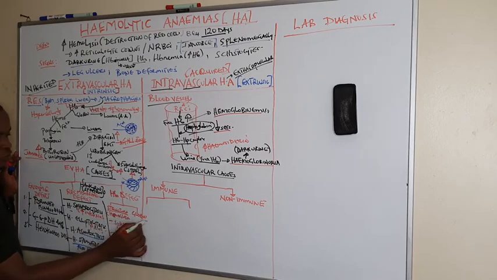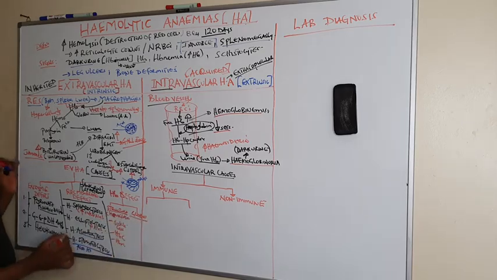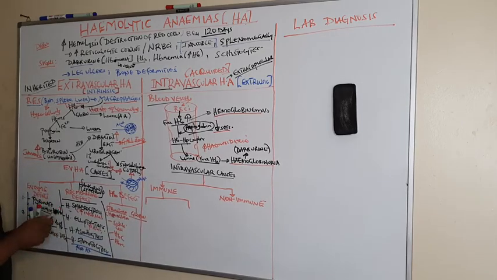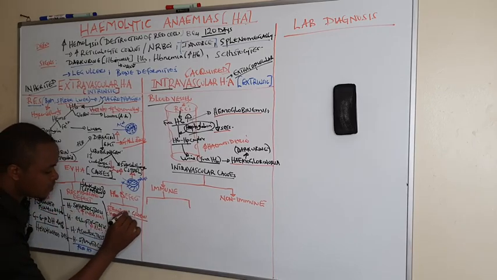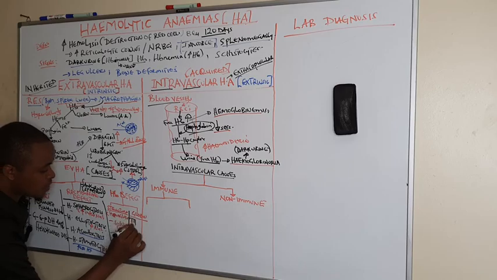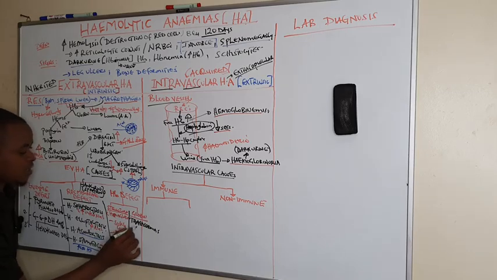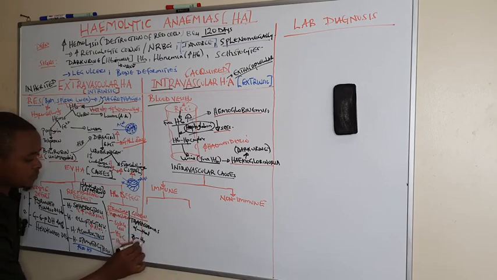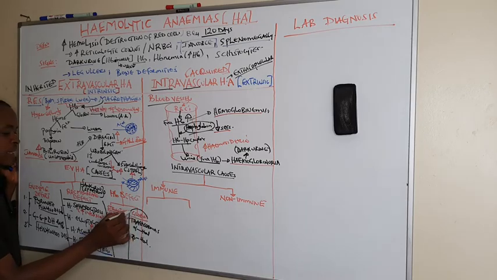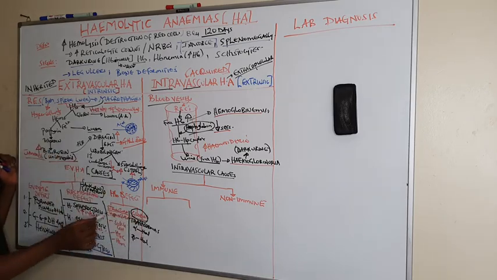Then, due to hemoglobin defect, we are going to find conditions which we call thalassemias. These thalassemias include alpha thalassemias and beta thalassemias. These affect the globin chain, that is, the structure of hemoglobin.